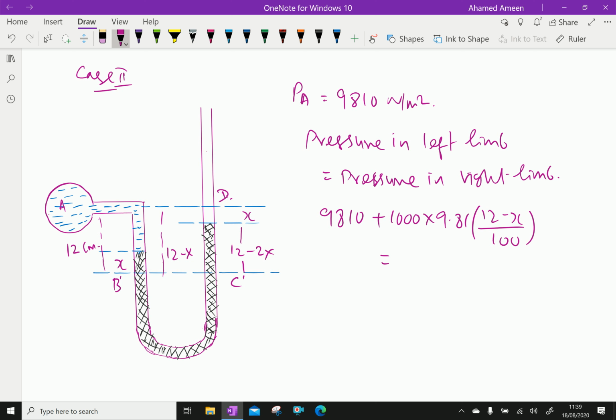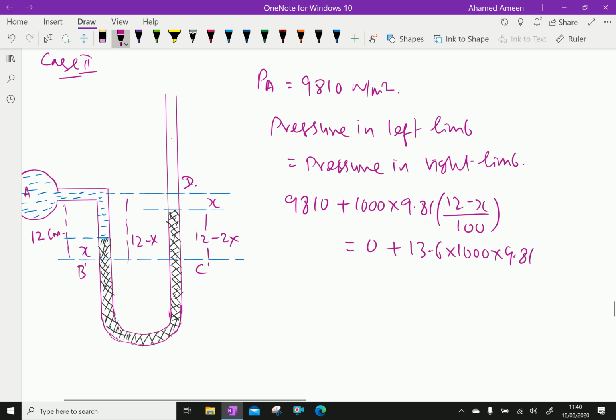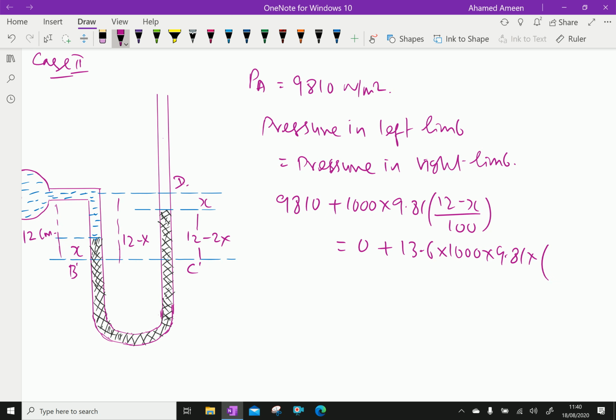the right limb, which is 0, open to atmosphere, plus 13.6, mercury rho 1000, g is 9.81 into h, which is (12 minus 2x) over 100.